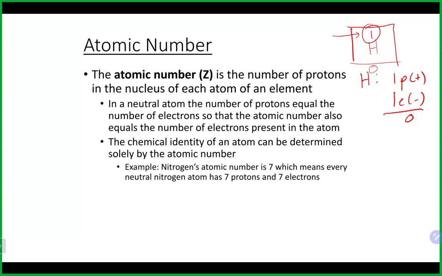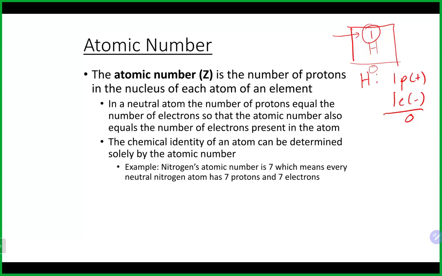Now, what that means is, if you think about what is really the most important out of protons, electrons, and neutrons in terms of what element it is, which one would be most important? If the atomic number is the number of protons and everybody has a different atomic number, which one would tell you what element you're dealing with then?